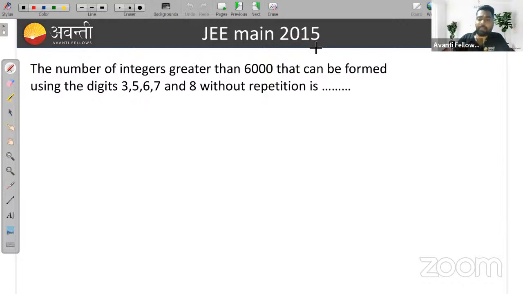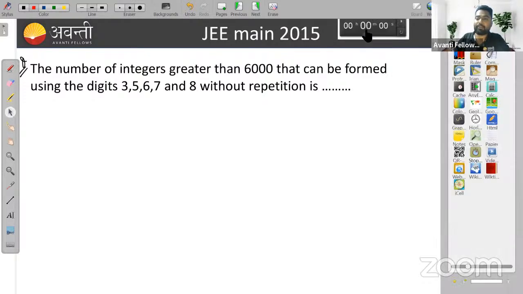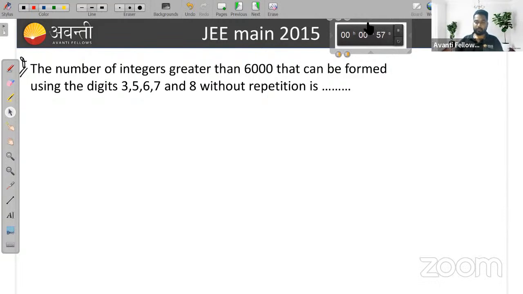The 2015 JEE Main question says: the number of integers greater than 6,000 that can be formed using the digits 3, 5, 6 and 8 without repetition is. I am giving you 1 minute to solve this question and your time starts now. Quick guys, everyone.